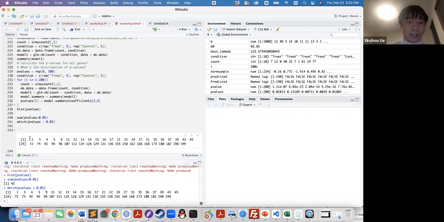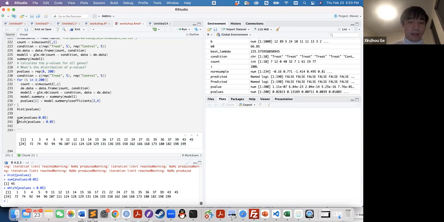So we can see that some of the p-values are from the first 40 genes, which means that these are true DE genes. But we also have several genes which are identified as DE genes, but they are from the last 40. And it means that these are false discoveries.